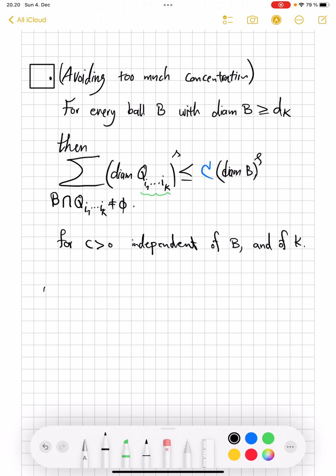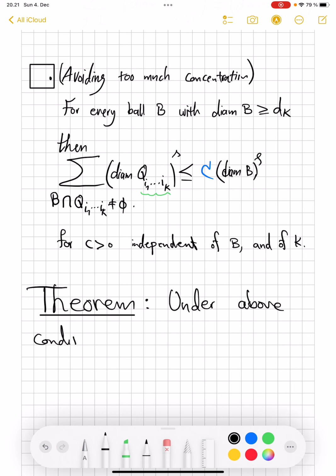The claim, the theorem, is saying that under these conditions, this Cantor set is of Hausdorff dimension s.